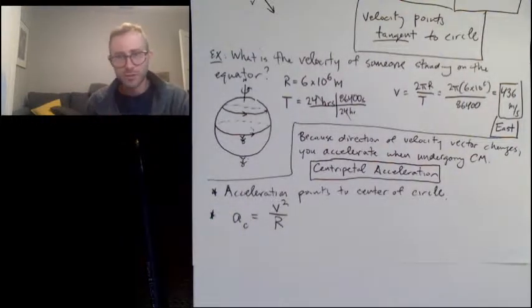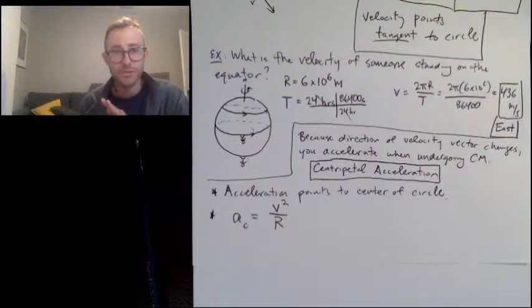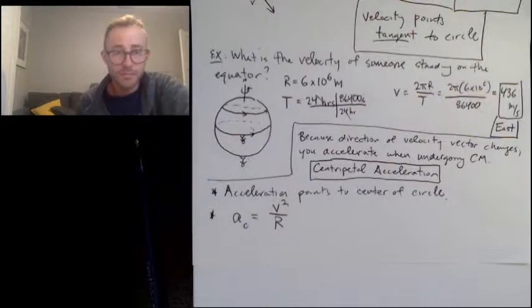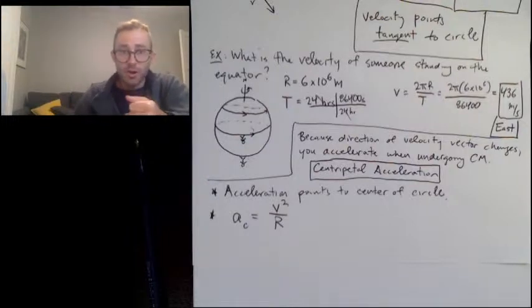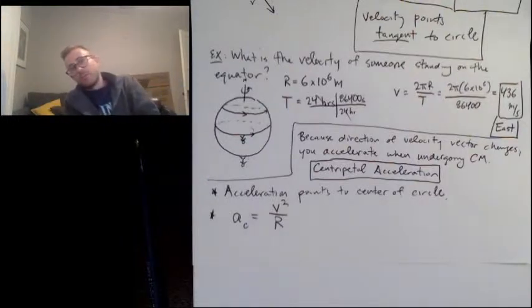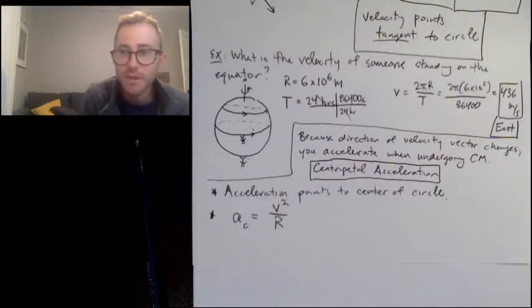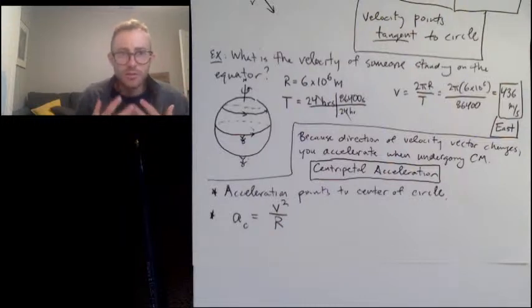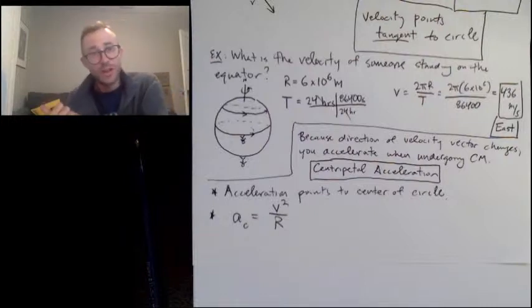Centripetal acceleration is the acceleration you feel when you're on a roller coaster and the roller coaster goes around a bend, okay? Or if you're in a car and the car turns and you feel pushed against the side of your seat. What would be the things that would throw you to the side of the car most violently?